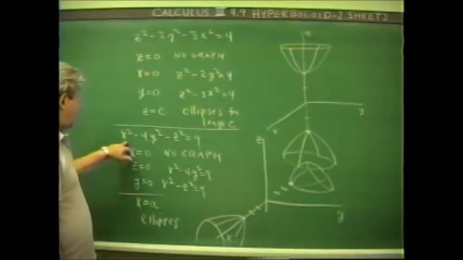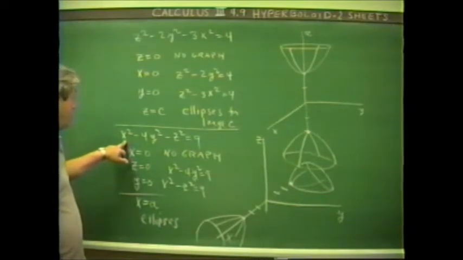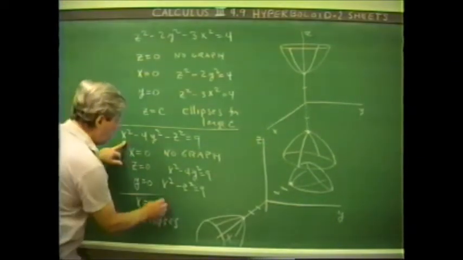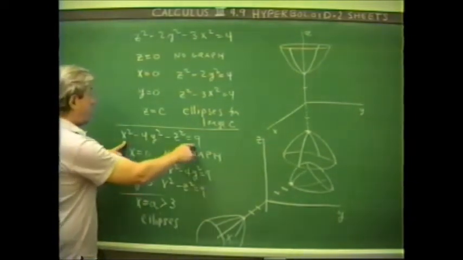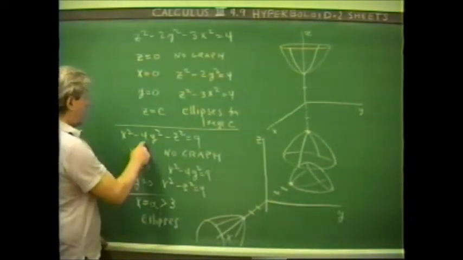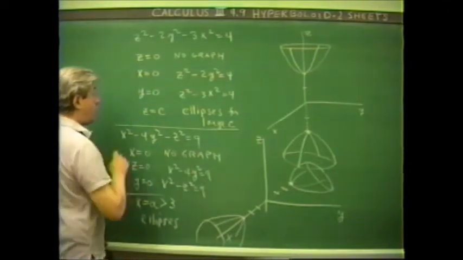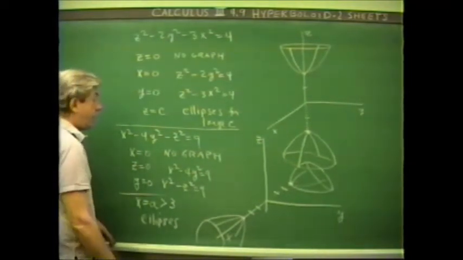When x is large enough, in particular where x is larger than 3, this is going to give us 4y squared plus z squared is equal to a positive number. We're going to get ellipses.